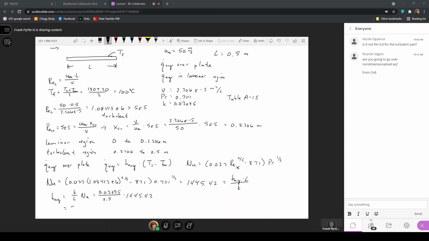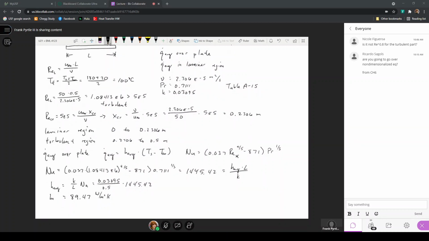All right, so I get an average heat transfer coefficient of 89.47 watts per meter squared Kelvin over the entire plate. So that says that the heat flux, that is the average over the entire plate, is 89.47 times the temperature difference.